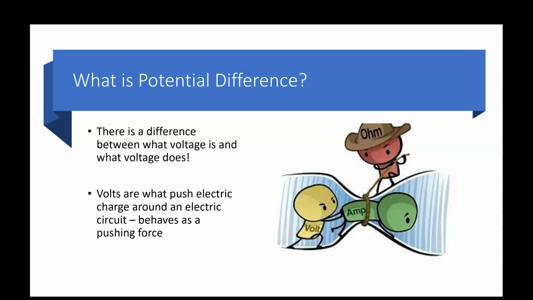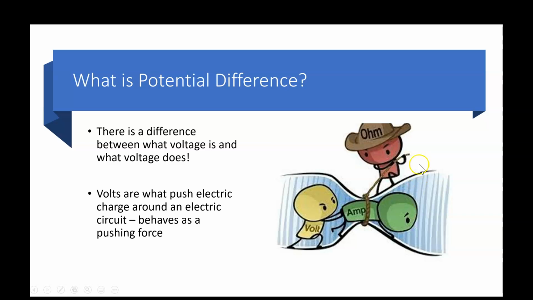Volts are what basically push that electric charge, those electrons, around an electric circuit. So voltage behaves like a pushing force. This is an analogy: the yellow guy represents the voltage, pushing the charge, the green guy, which has the symbol for amperes, amps.